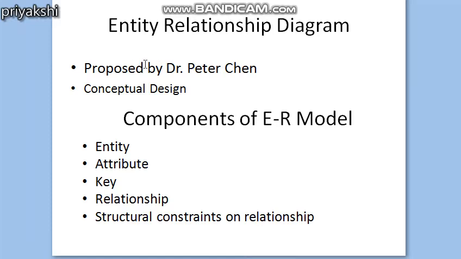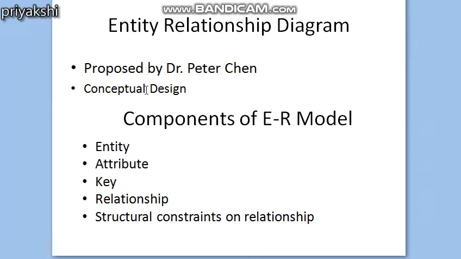This entity relationship diagram was proposed by Dr. Peter Chen, and we know that this is a conceptual design of the database. This conceptual design provides useful concepts that allow us to move from an informal description of what users want from their databases to a more detailed and precise description that can be implemented in a database.